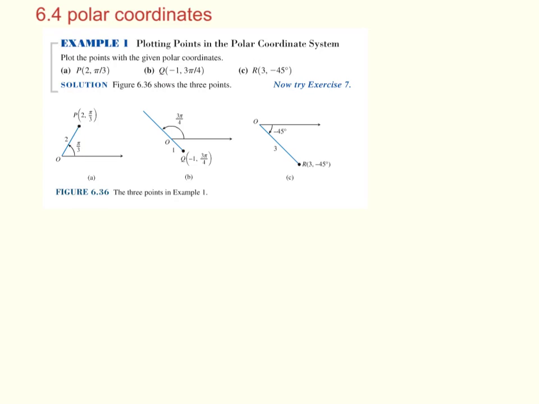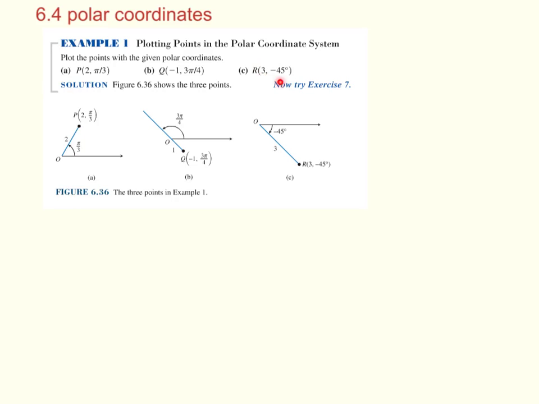But if we look at B, it gets a little interesting. With a directed distance of -1 and a directed angle of 3 pi over 4, we go the direction 3 pi over 4, and then the distance -1 brings us back here, and so our point is actually, even though our direction is 3 pi over 4, we're going back into what would be stereotypically the 4th quadrant.